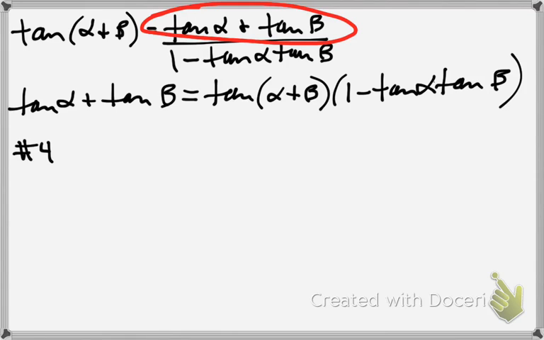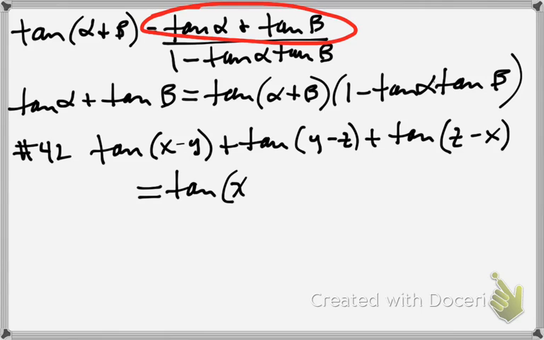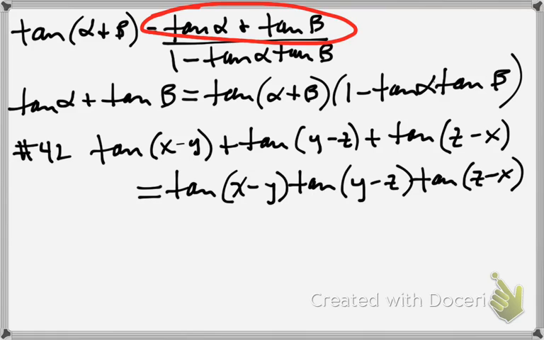So for problem number 42, basically, what we're trying to prove is that the tangent of x minus y and tangent of y minus z and tangent of z minus x is equal to the product of all of those tangents. Okay, that's what we're trying to show.